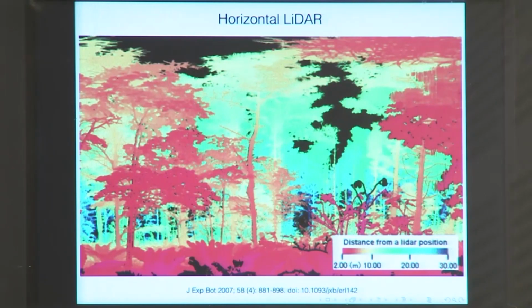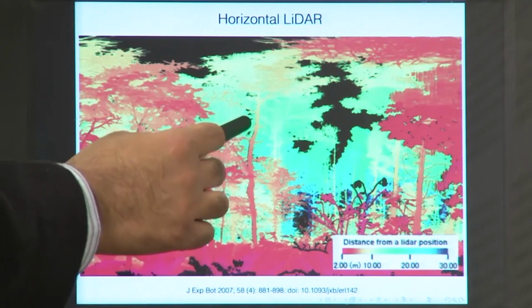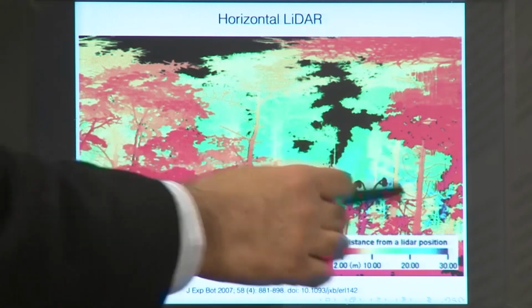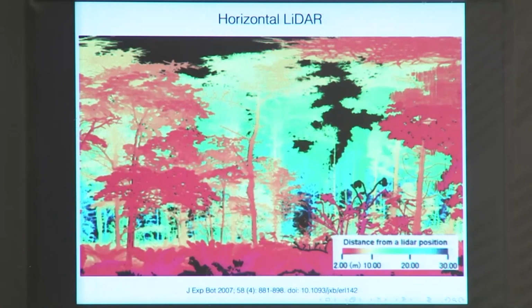In the case of this horizontal LiDAR, if you go through these operations, you can find out where each and every one of these trees is located, because you have this information in a 3-dimensional space. In this 3-dimensional space, you know the location of every tree, you know the girth of every tree, and so by using the horizontal LiDAR, you can figure out the amount of biomass or carbon in your forest with much greater precision as compared to the vertical LiDAR.